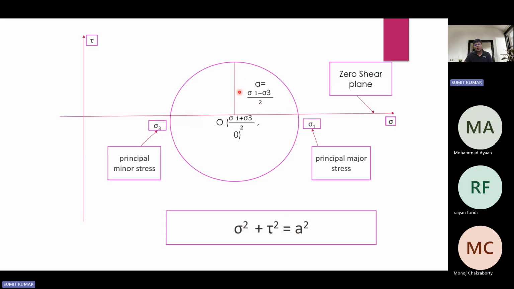Now, sigma 1 is the principal major stress, while sigma 3 is the minor principal stress, and the horizontal axis is the zero shear plane. The relation developed using the radius and sigma and tau values is given as sigma square plus tau square is equal to a square. A or alpha is the radius of Mohr circle.